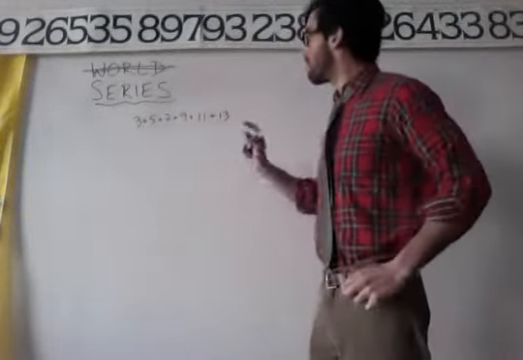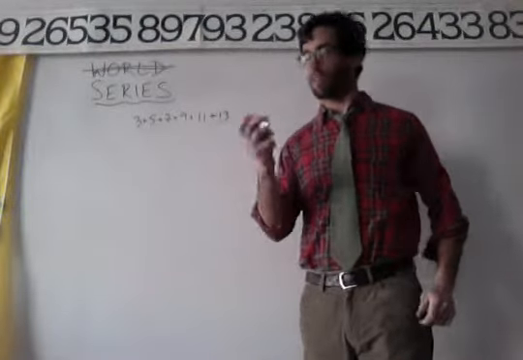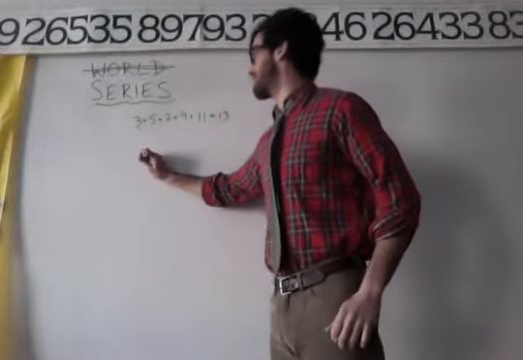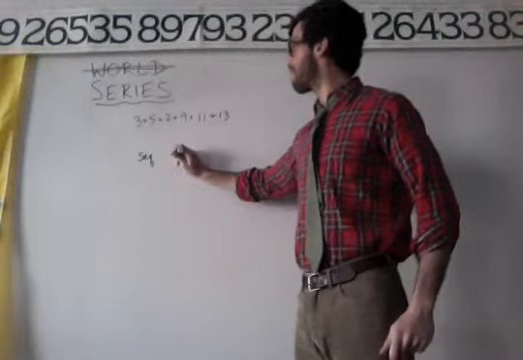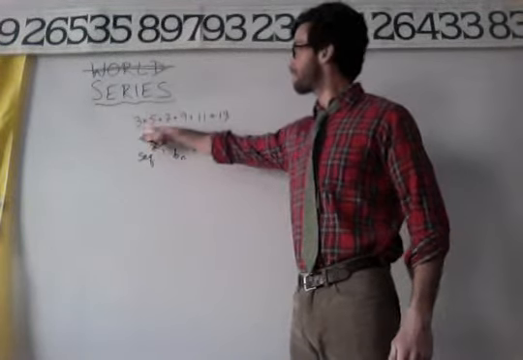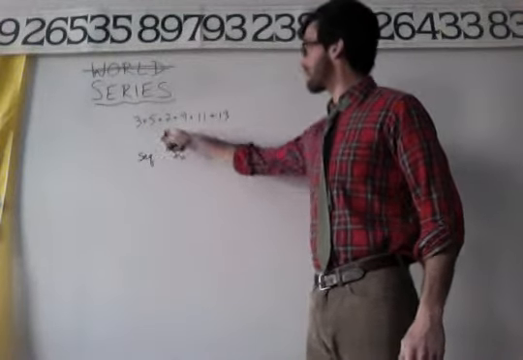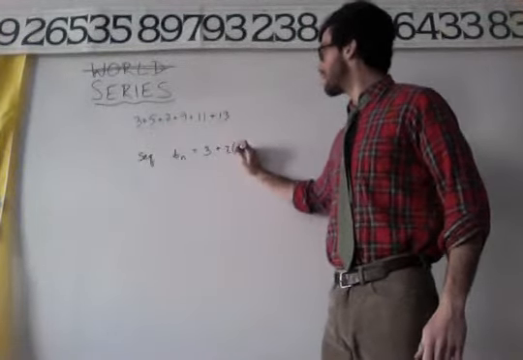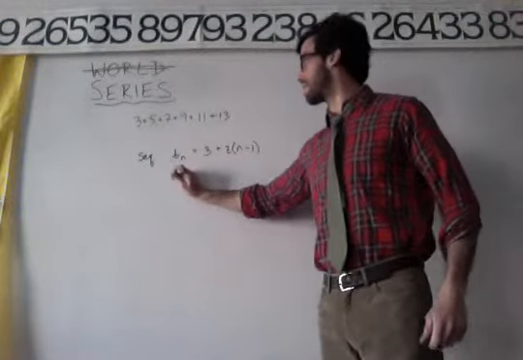Okay? So if we consider the corresponding sequence, the corresponding sequence would have a formula, if you recall from the last unit, T sub n equals T sub 1, 3, plus the common difference of 2 times n minus 1. Let's clean it up a little bit.